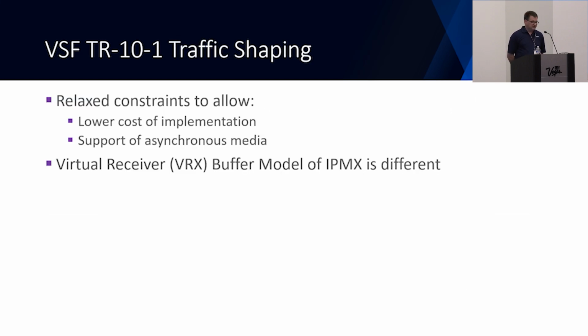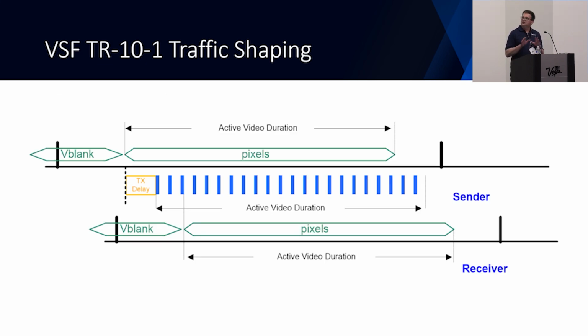Okay, another difference between IPMX and 2110 is the traffic shaping. In 2110, since there is PTP and traffic is tighter on the network, we expect to see packets transmitted fairly regularly. 2110 also provides a provision for software senders, which they call the wide profile.